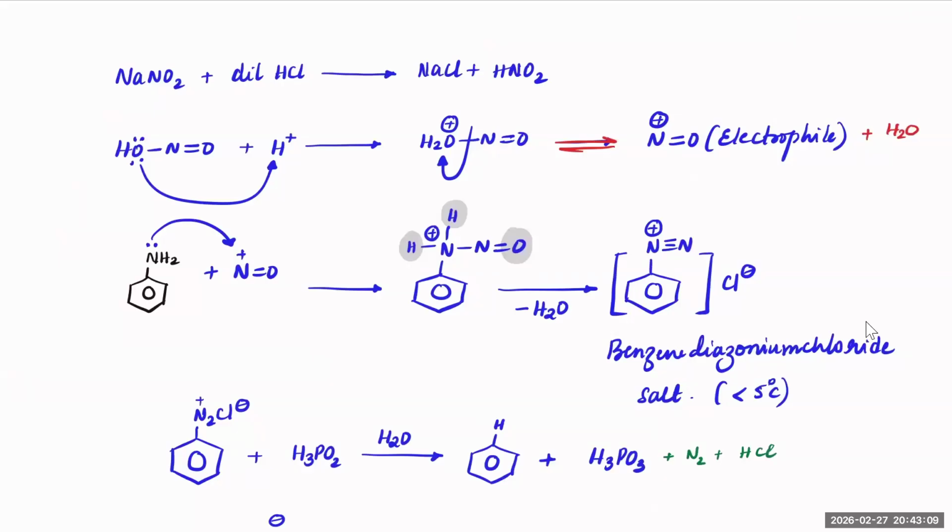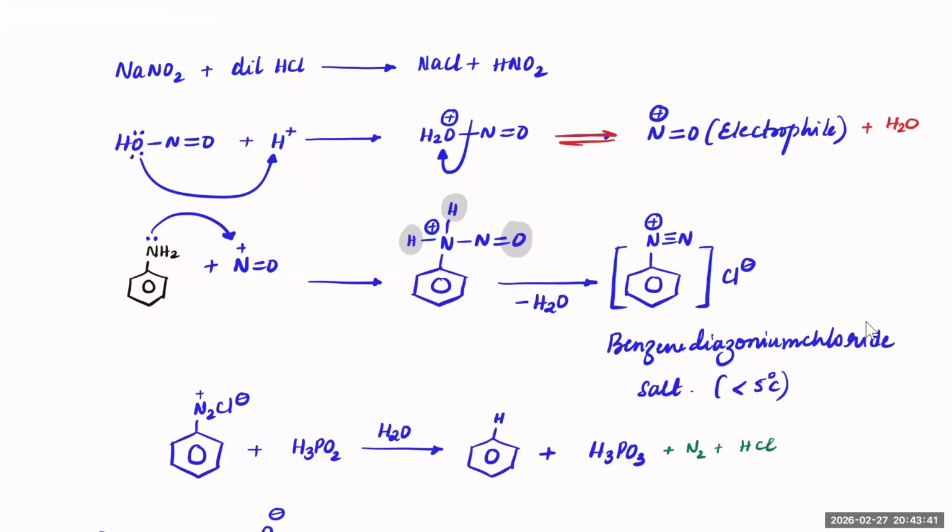So just before the reaction, we take NaNO2 and add it to dilute HCl. That will convert into NaCl plus HNO2. This HNO2 in acidic medium, because you're still keeping it in dilute HCl, will eliminate water and create an electrophile NO plus. This electrophile will be attacked by the lone pair on the nitrogen, converting it into N2 plus. And this N2 plus is what we call benzene diazonium salt.